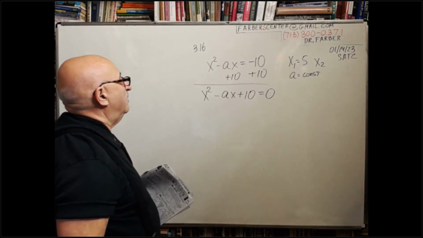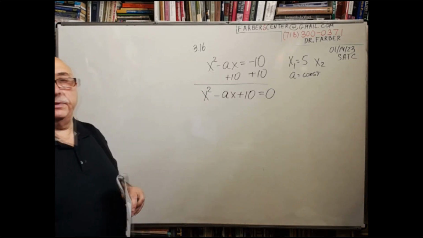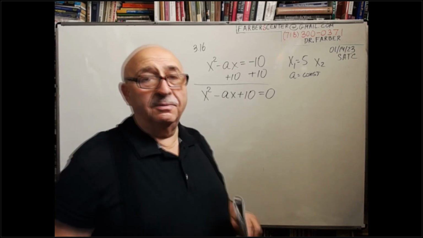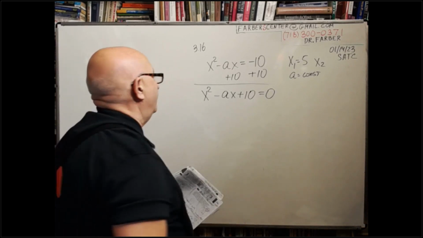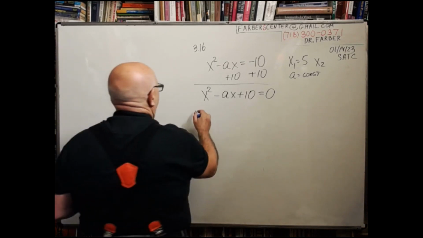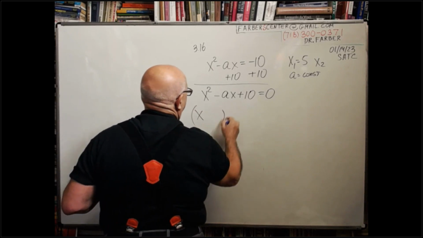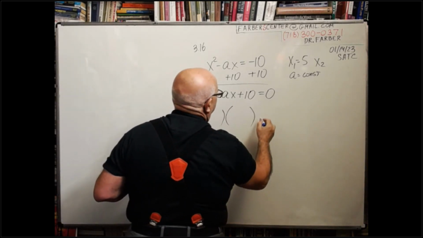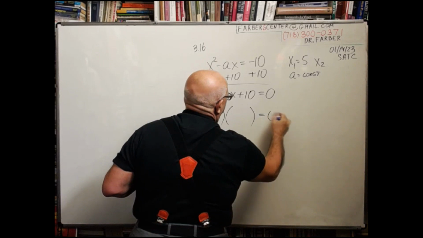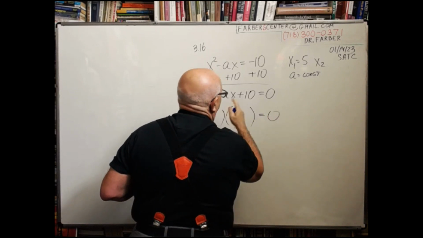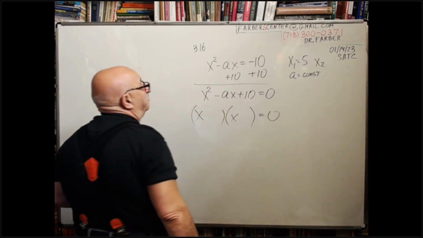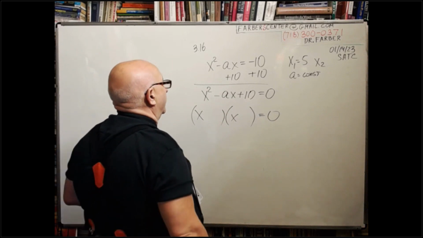Now I can apply Vieta's theorem, created by François Viète in the 16th century. And you know how to factorize, right? Two pairs of parentheses. The product of the two terms is supposed to equal 10.